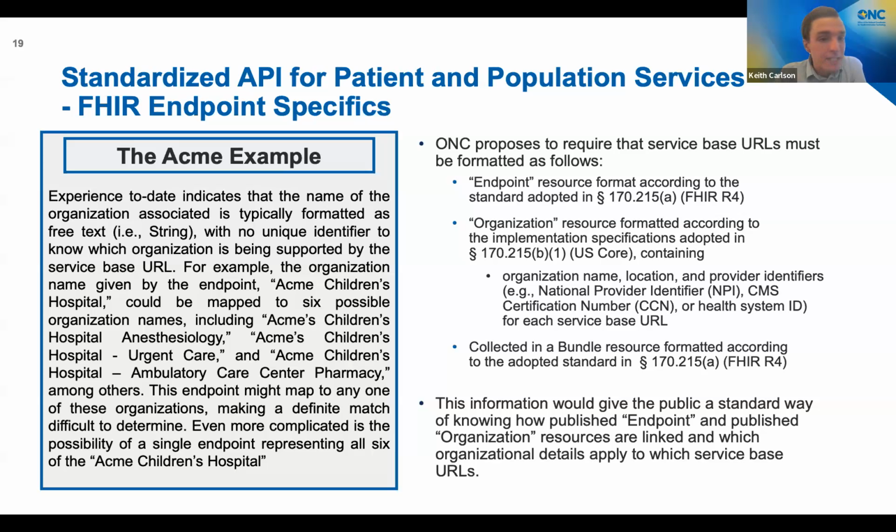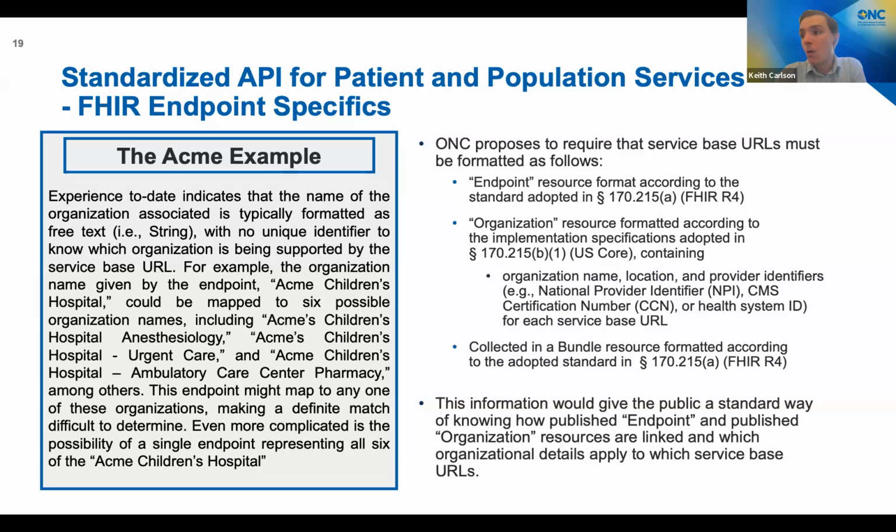But I have an example here, an example we included in our HTI1 proposal. Take an organization, Acme Children's Hospital, that could have many different sub-organizations, maybe a children's hospital for anesthesiology, a children's hospital urgent care, and an ambulatory care part of their children's hospital. This is just an example showing how, depending on how Acme deploys their EHR, there might be one EHR for each of those subcomponents.